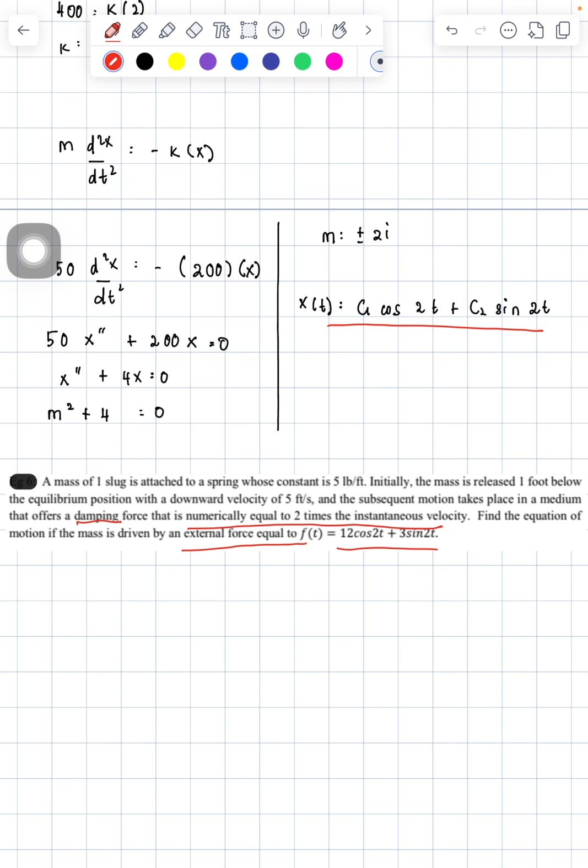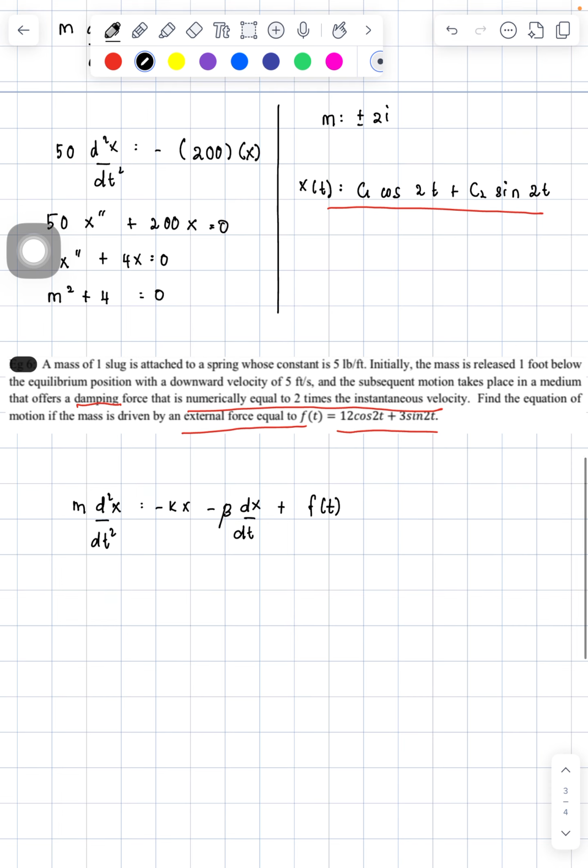Okay, for this, we have a damping force and an external force. So our equation becomes m d square x over dt square equals minus kx minus beta dx/dt plus F(t).